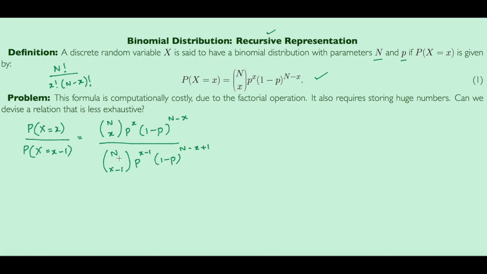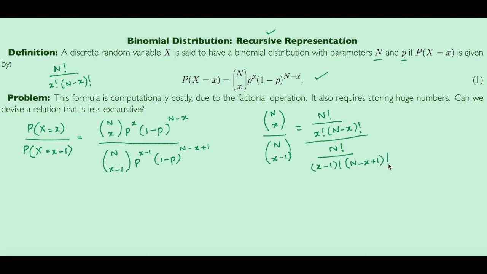Now let's consider each pair separately. What is n choose x divided by n choose x minus 1? This is equal to n factorial over x factorial times (n minus x) factorial, divided by n factorial over (x minus 1) factorial times (n minus x plus 1) factorial.